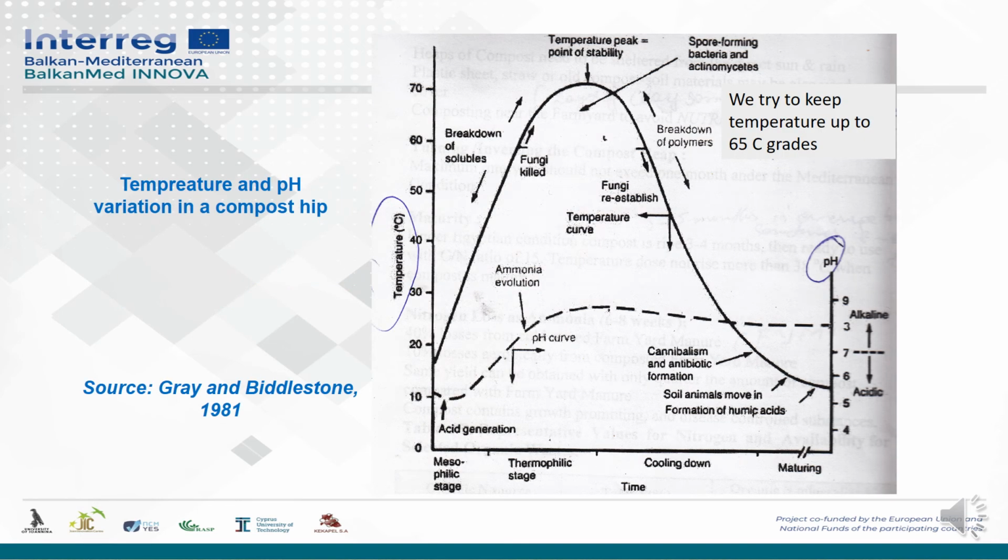I'm presenting again the photo that I have introduced previously, just to remind you about temperature, about the pH, and which are the values of these parameters in different phases and different stages of compost production.